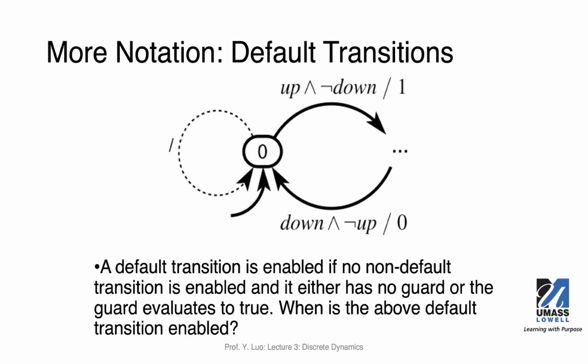We actually have only one guard, right? This is for a different one. Oh, for the state coming back to state 0. So you're right. If this guard is not true, which means that the up is absent or down is present, it can stay here.